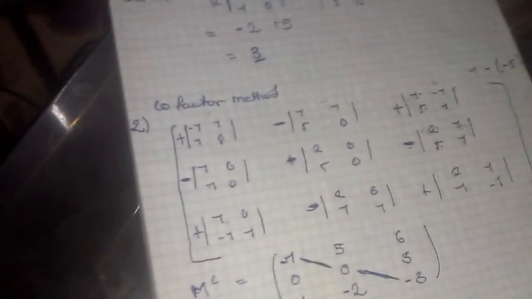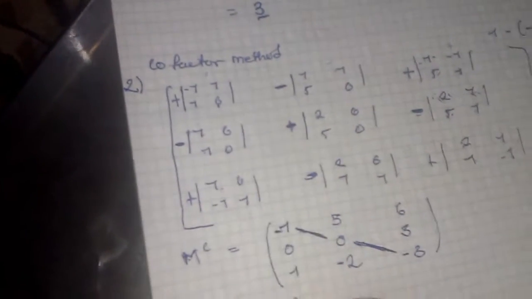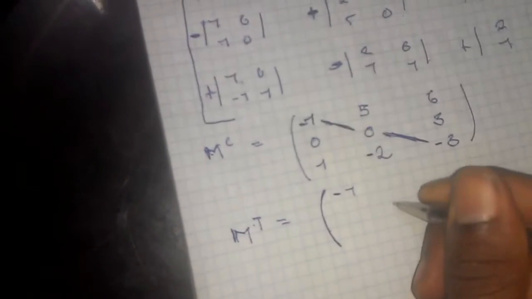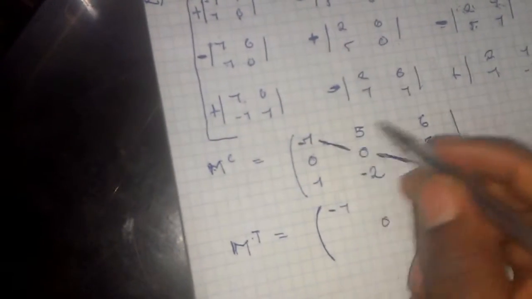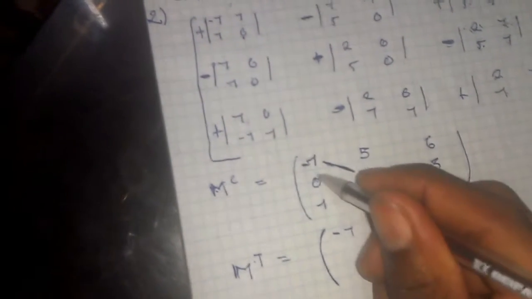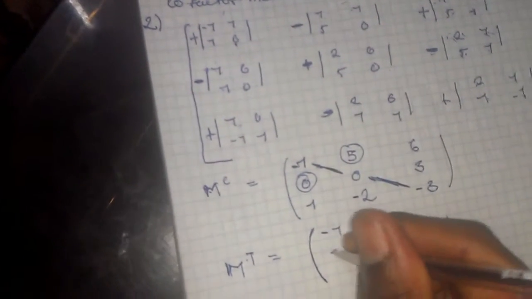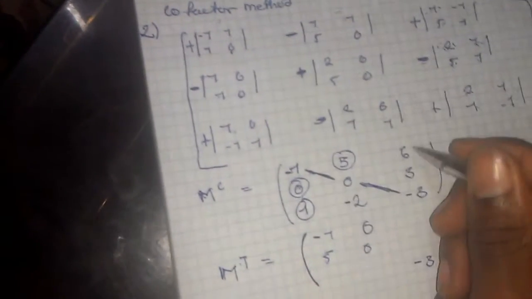In fact, it never moves. So this is what I'll do. I'll write back my negative 1, 0, negative 3, and now I'll start exchanging. For example, I exchange this one and this one, so I have 5 here instead. I have 0. I exchange this one and this one.